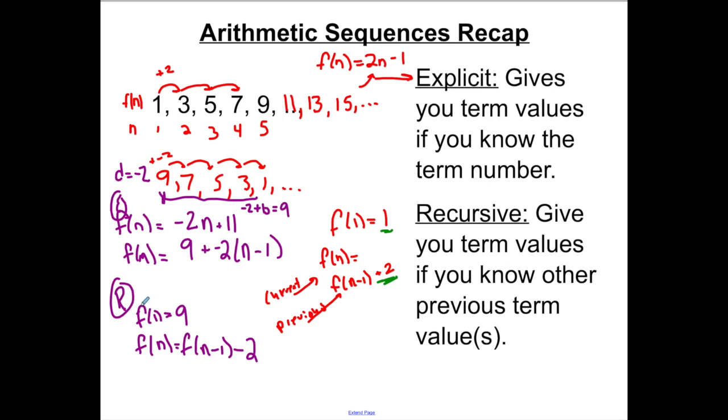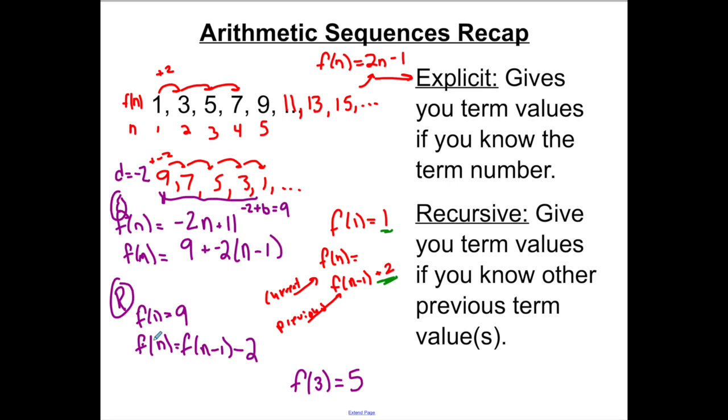And I know it's the value because I see f of, and I know it's the first term because it's 1, right? This is the value of the third term is 5, right? You have to be able to turn the expressions into words, because then it will make more sense when you write them out. So the value of the first term is 9.